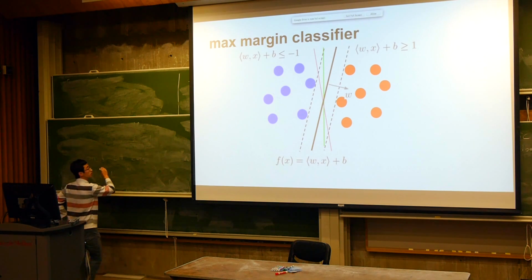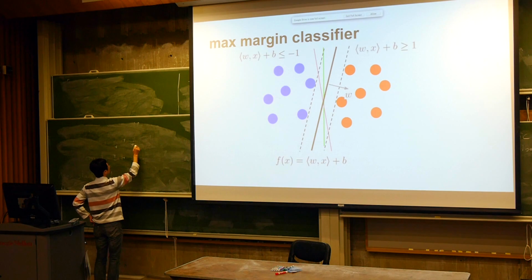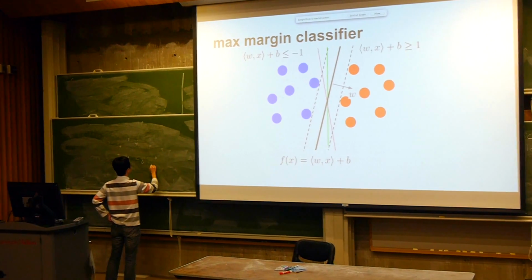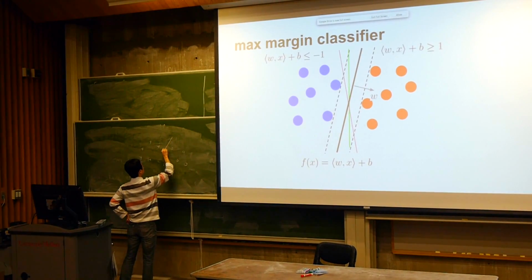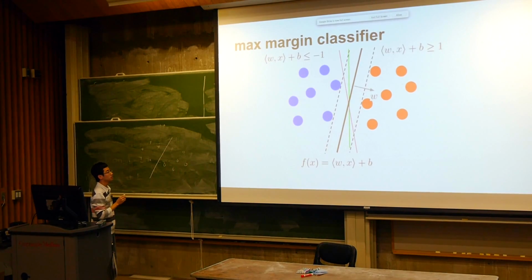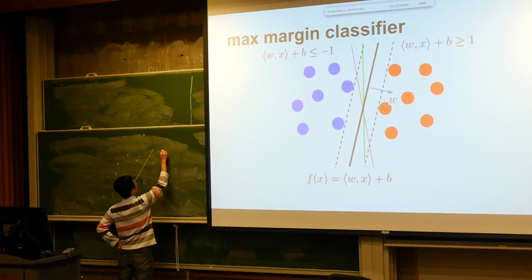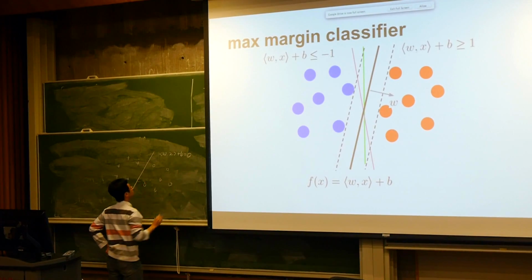So I'll put all the dots here. We want to find this line that separates these two sets well. Assume we can denote this line with w times x plus b equal to 0.